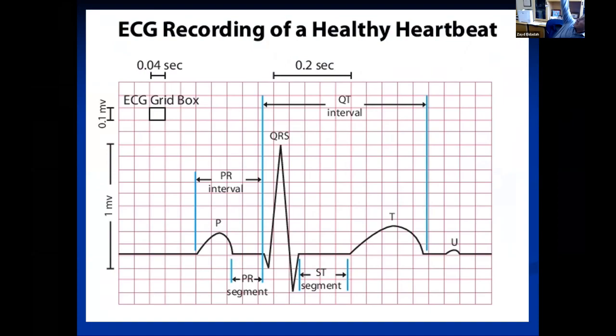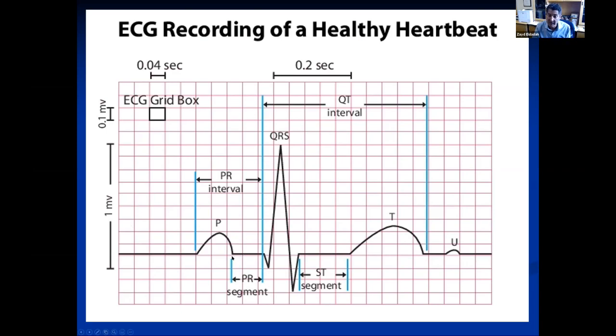And because the activity is coming from the sinus node way up in the top of the heart and projected downward toward the bottom of the heart, the inferior leads 2, 3, and AVF would see an upright deflection of activity, and that's the P wave. And it's relatively broad-based because it takes time for that activity to travel through the atria, and it's relatively low amplitude because the atrial tissue is kind of thin. It's like beef carpaccio, a very thin muscle, so it doesn't generate a lot of amplitude.